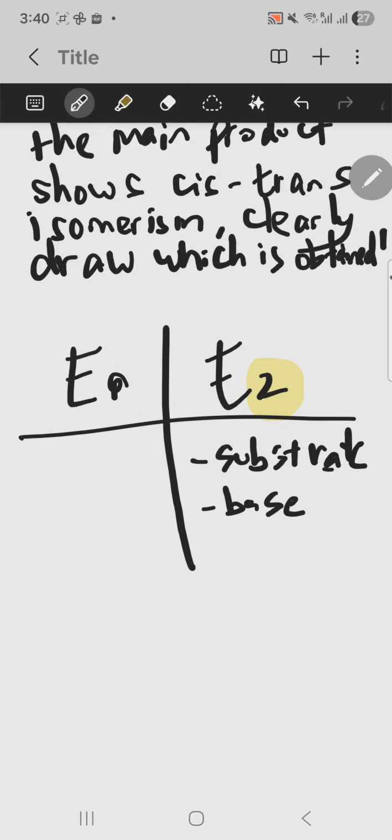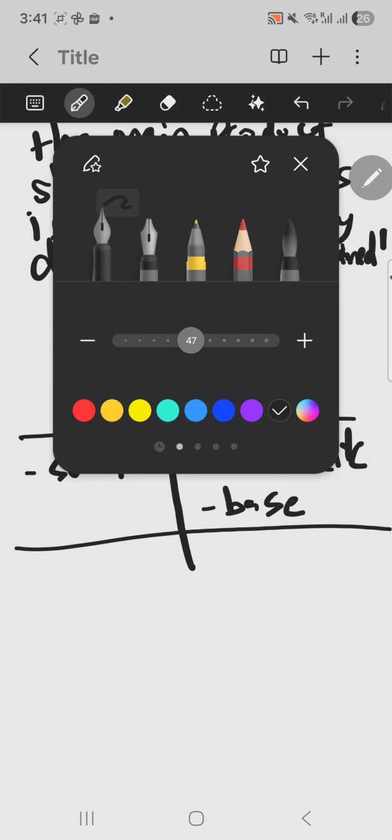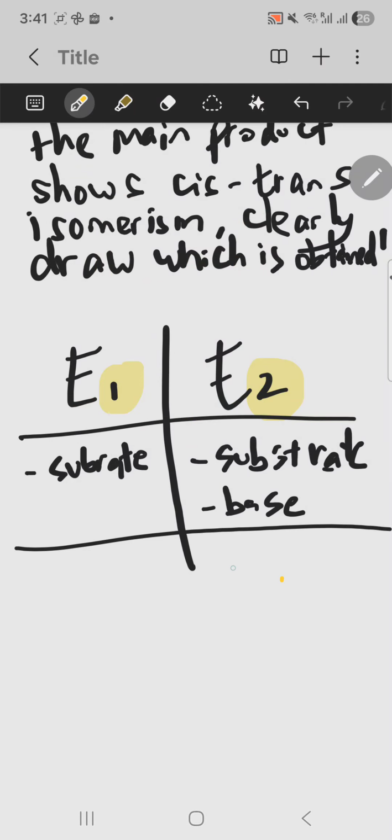Meanwhile, for E1 reaction, it is obvious that only one molecule is involved or important in that reaction, which is only the substrate, right? That's why this is called bimolecular. Meanwhile, this one is unimolecular.